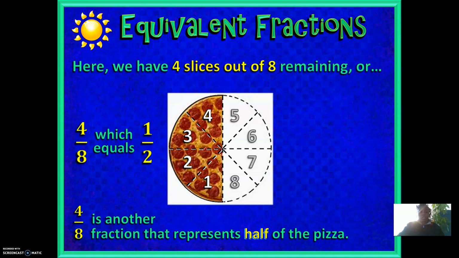If you look closely, 4 is half of 8, and so is 1. 1 is half of 2. So a good way to recognize when something is equivalent to 1/2 is ask yourself, is the numerator half of the denominator?